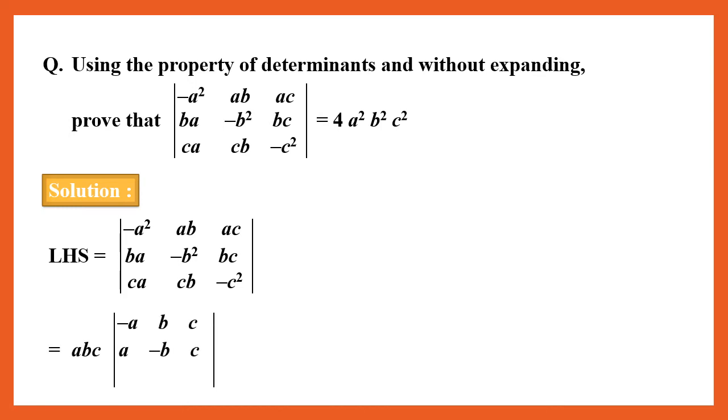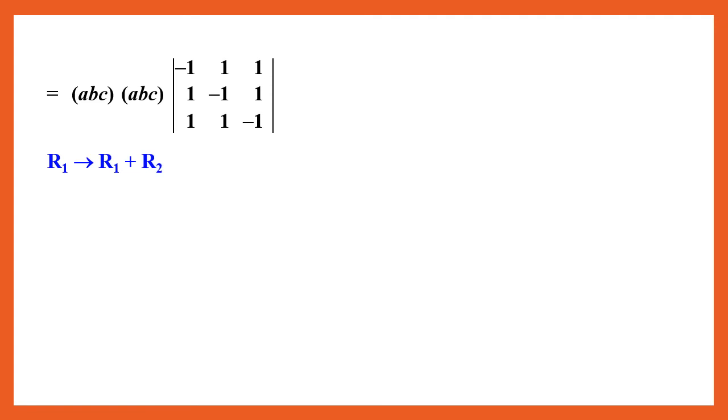We get minus A, B, C; A, minus B, C; and A, B, minus C. Now again we are taking A common from C1, B from C2 and C from C3. So we get the elements of the form minus 1, 1, 1; 1, minus 1, 1; and 1, 1, minus 1.